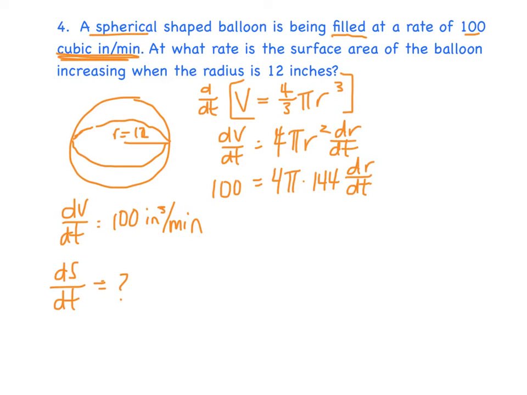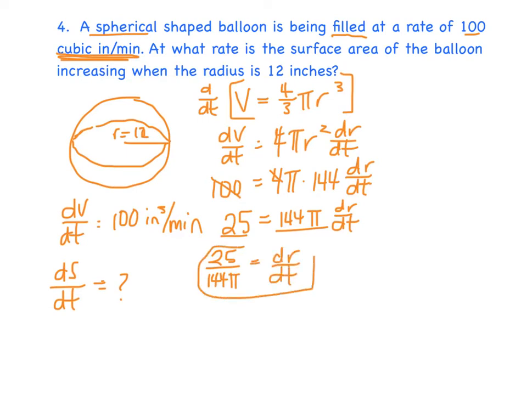One thing I can do is divide by 4 right away, so this becomes 25 equals 144 pi dr/dt. Now I can divide by 144 pi, and I get 25 over 144 pi equals dr/dt. So that was the first piece of missing information that I needed.